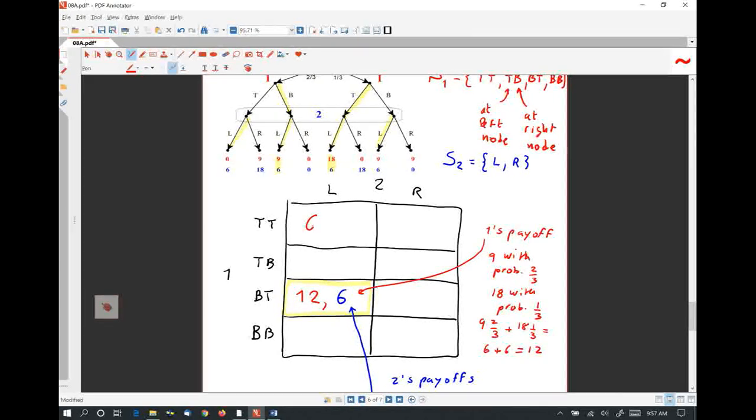Okay, so the payoffs are for player 1, 6, 6 in the first row, 3, 9 in the second row, 12, which we already computed, and 0 in the third row, 9 and 3 in the fourth row. The payoffs of player 2 are 6, 18, 6, 12, 6, which we already computed, 6, 6, 0.